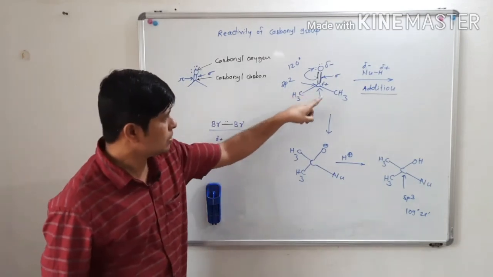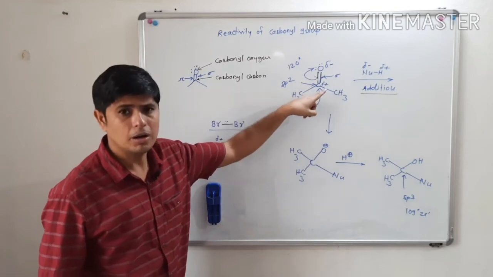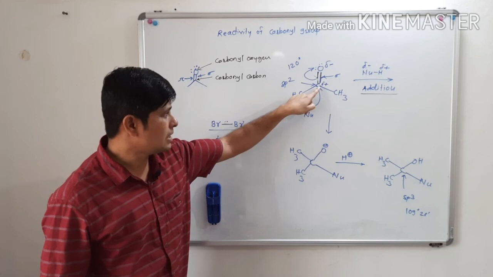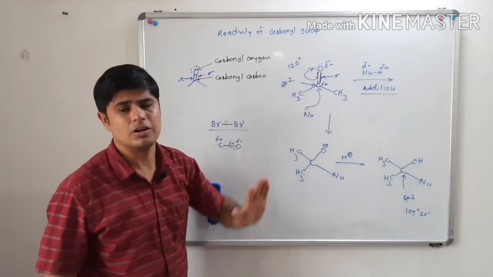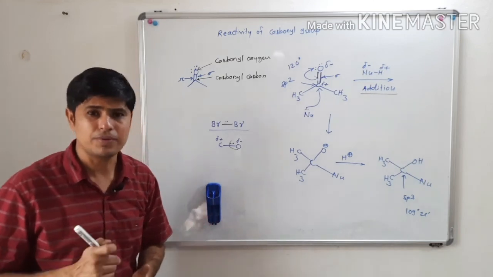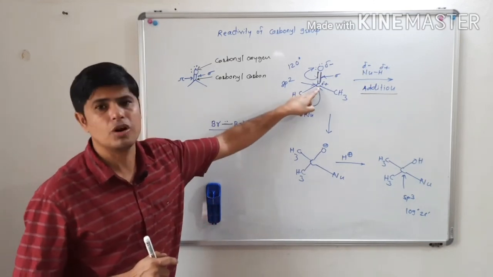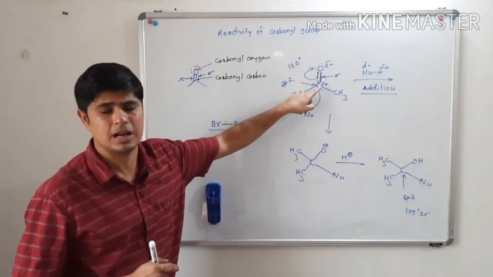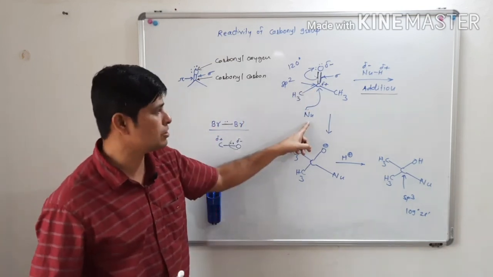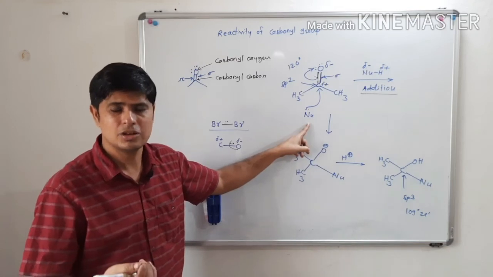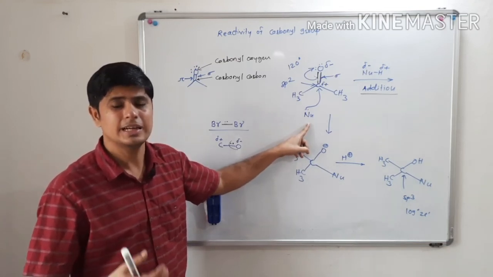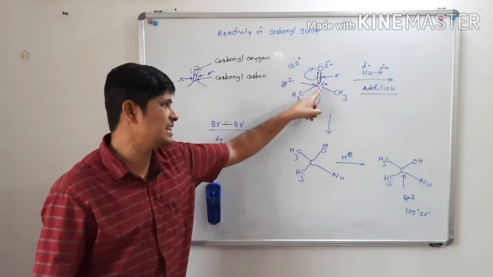So this is the structure of acetone molecule, for example. This carbonyl carbon is electron deficient, carbonyl oxygen is electron rich. When we have a nucleophile, that nucleophile will approach the carbon atom of the carbonyl group, because nucleophile is negatively charged or, if neutral, it has more electron density than this carbonyl carbon.